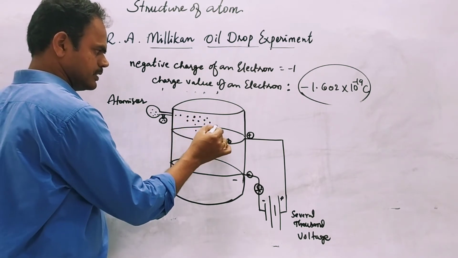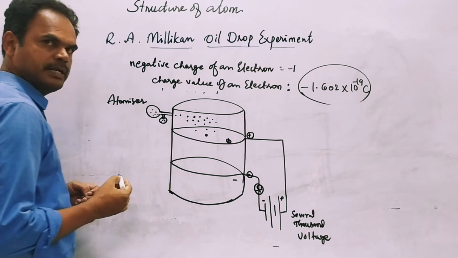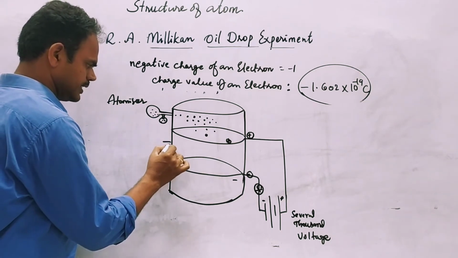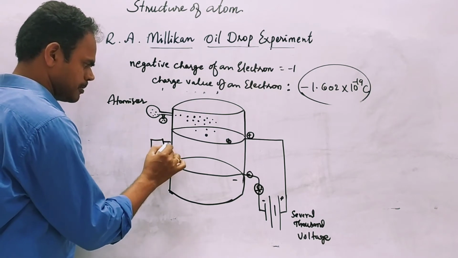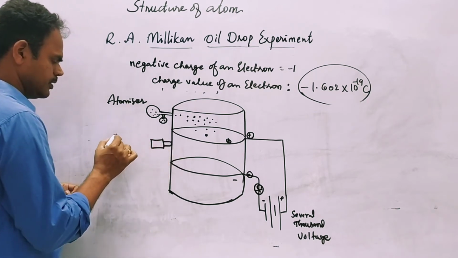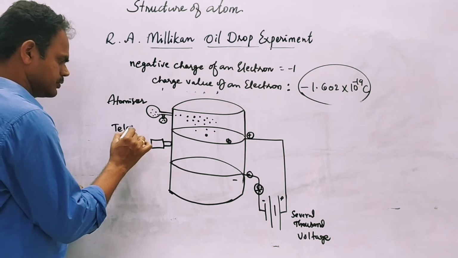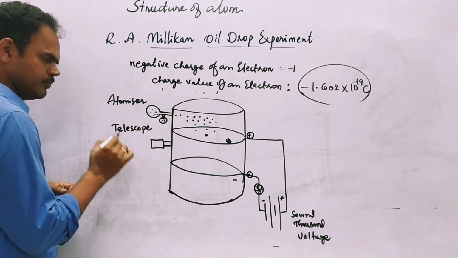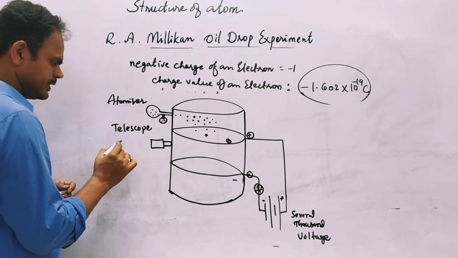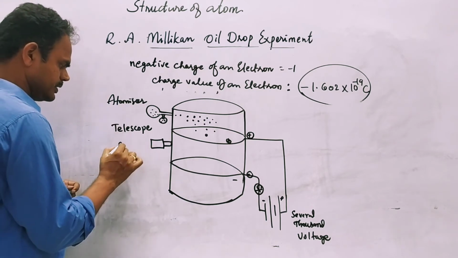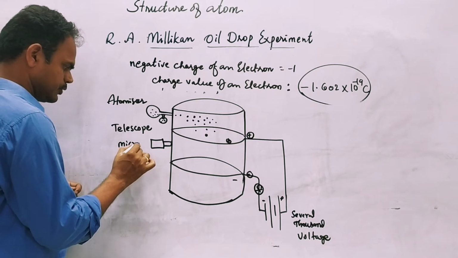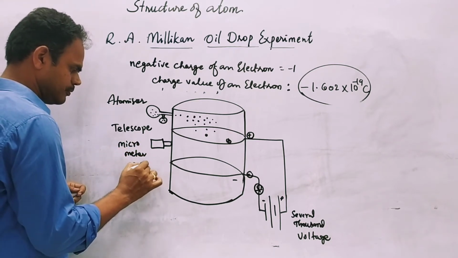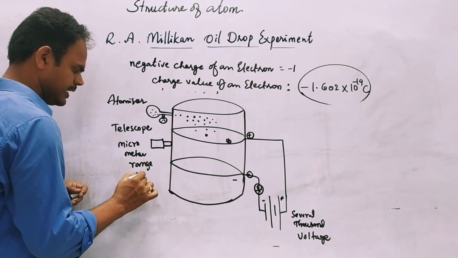So we can send the droplets over this metal electric condenser. There is one telescope, with a viewing capacity containing a micrometer range eyepiece.